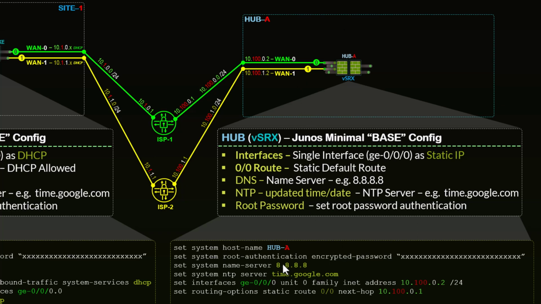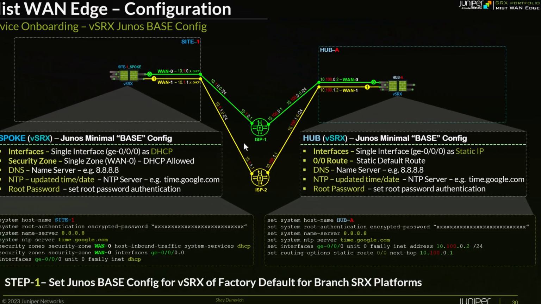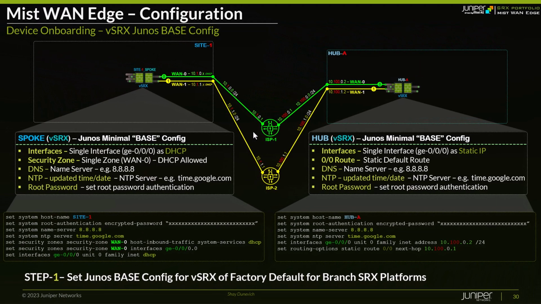The point here is we need the bare minimum configuration on the device in order for the device to reach Mist Cloud. One note for the SRX platforms, the non-virtual platforms: the default config on the device already comes with the right configuration for you to onboard it via the ZTP, zero touch provisioning, process.